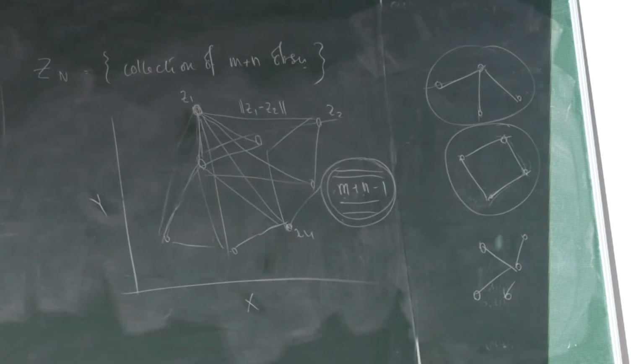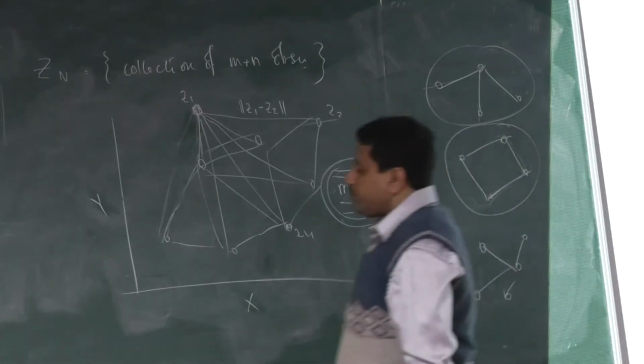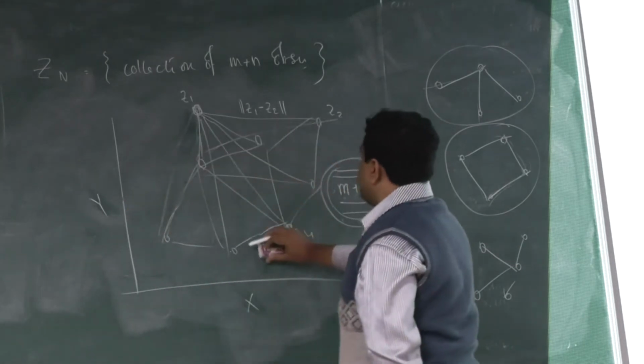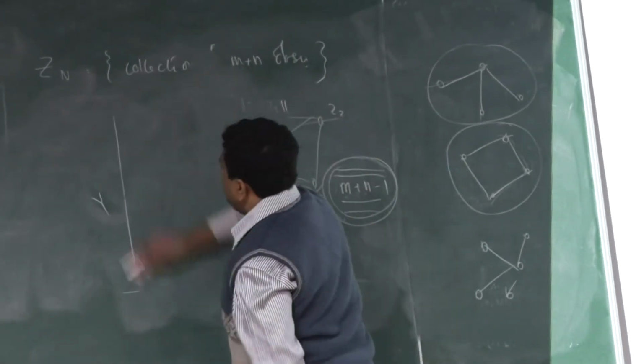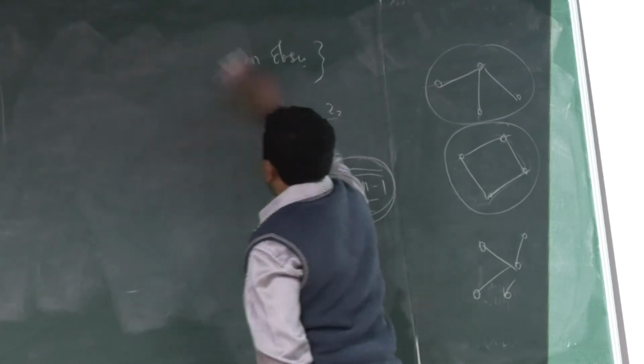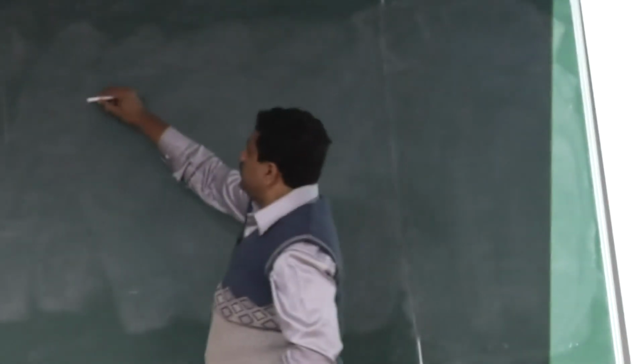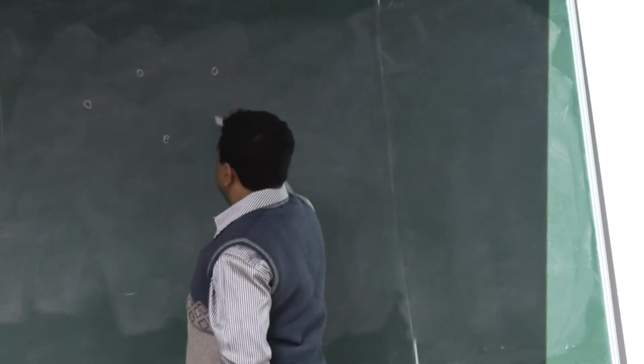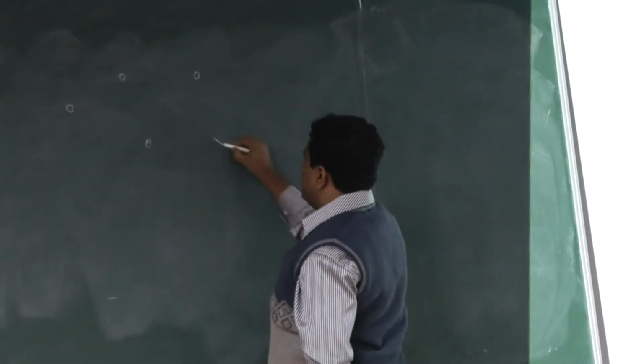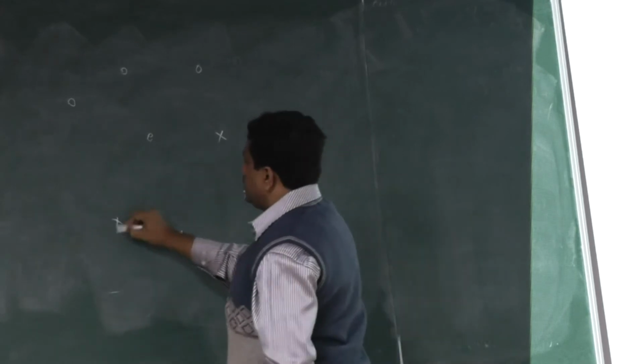Okay. So what Friedman did, he considered the minimal spanning tree on the set of n plus n minus 1 vertices. So suppose these are my observations from the first class and these are my observations from the second class.